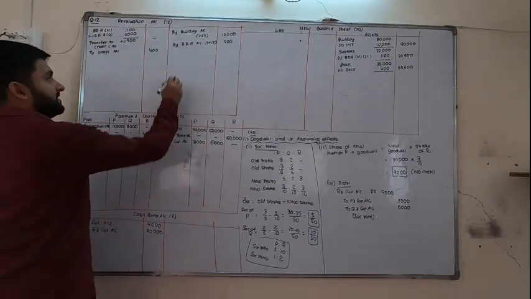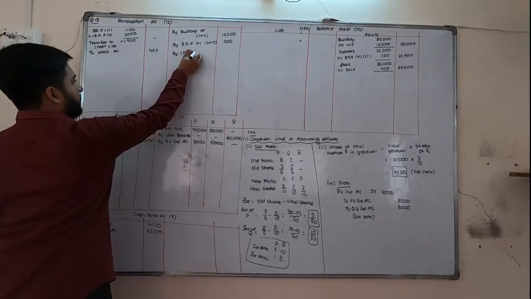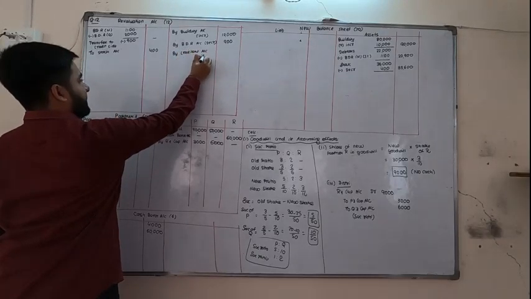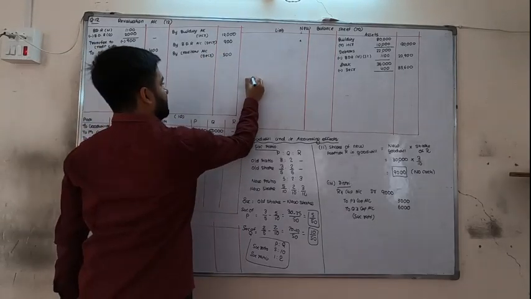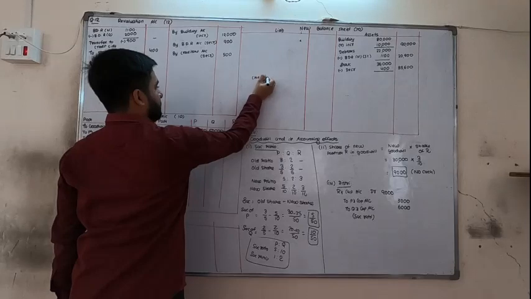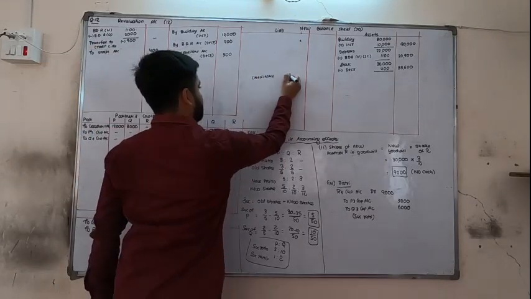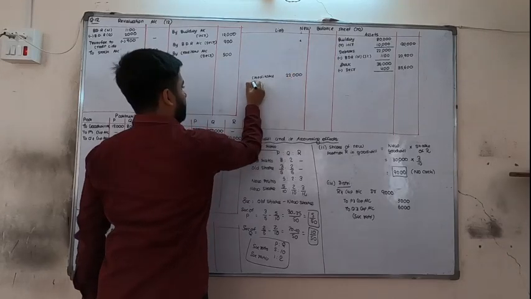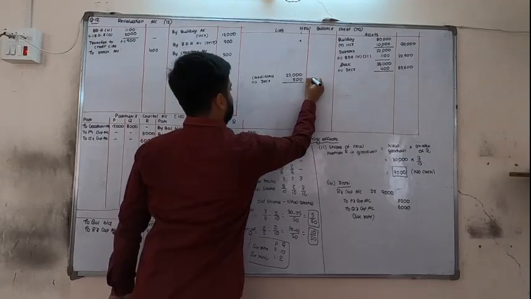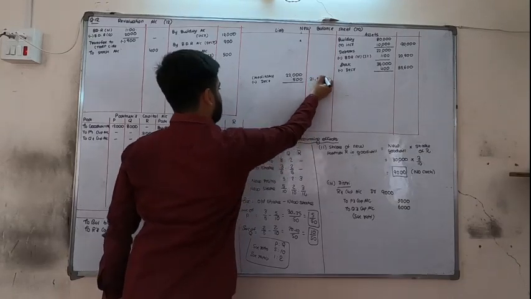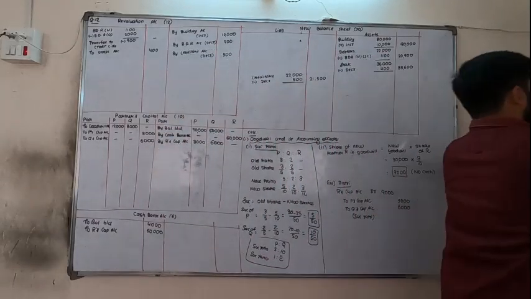A liability is decreasing, so profit means revaluation credit, by creditors account in bracket decrease by 500. Now in the liability side of the balance sheet, creditors old are 22,000 minus decrease 500. So in the outer column 21,500. So all the adjustments are over. Let's close down the revaluation.